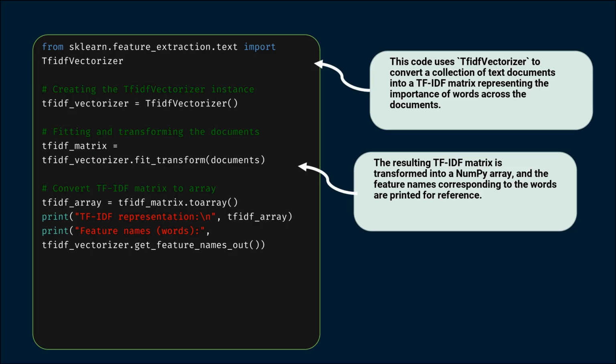Pretty neat, right? To visualize these results, we convert the TF-IDF matrix into a NumPy array using the toarray method, and print it out to see the numerical representation of each document. Additionally, we can retrieve and display the names of the features, those words that make up our matrix, by invoking the get_feature_names_out method.